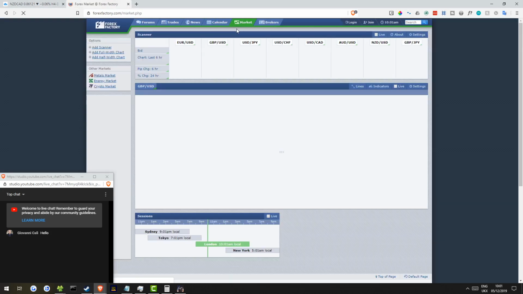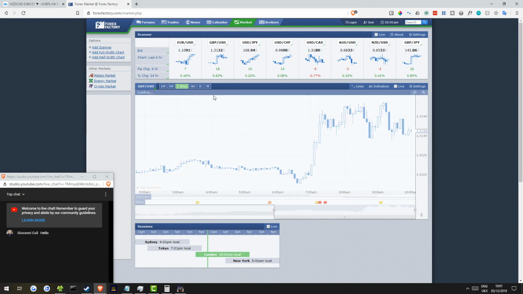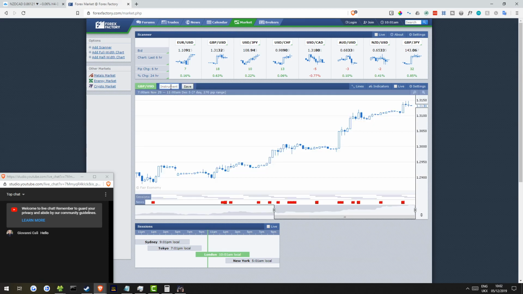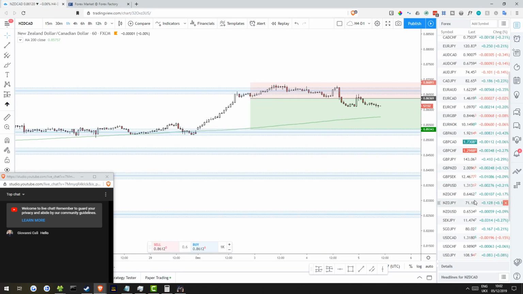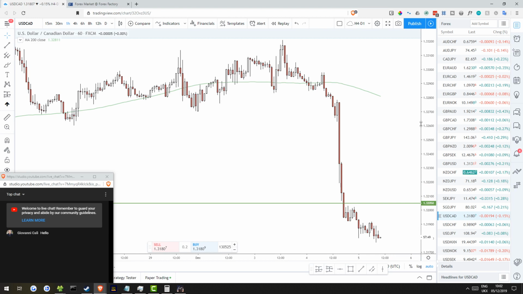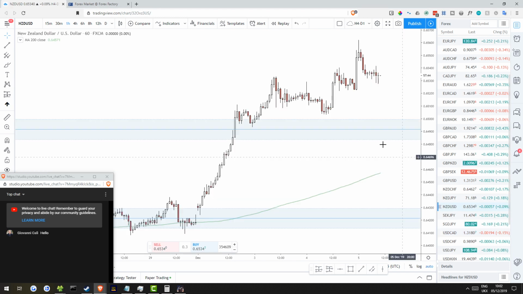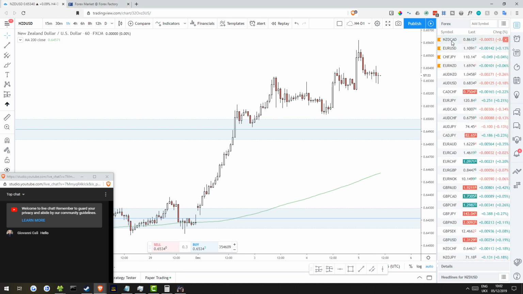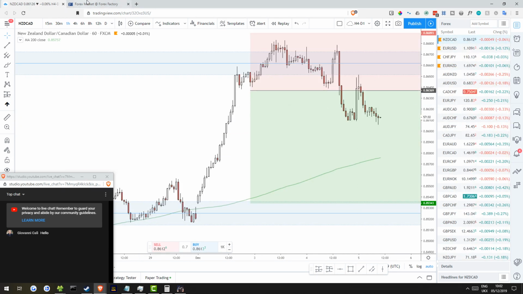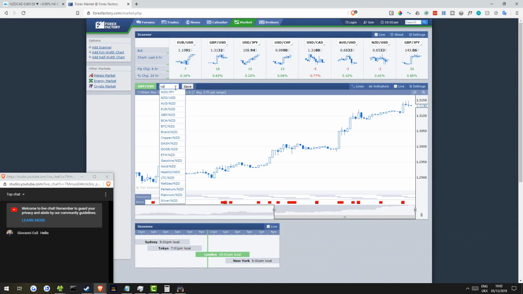Another way to figure it out, if there is anything to figure out, yeah, it doesn't have New Zealand CAD as a pair. Let's see if we can see the same thing on USD CAD. No, not really. What about New Zealand USD? At 11 on New Zealand USD, we saw a big spike.